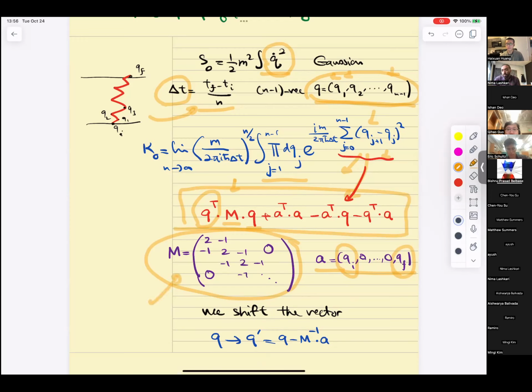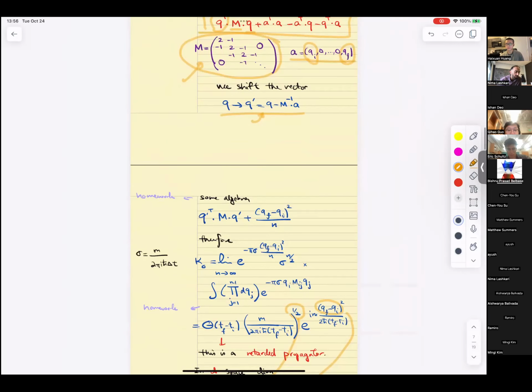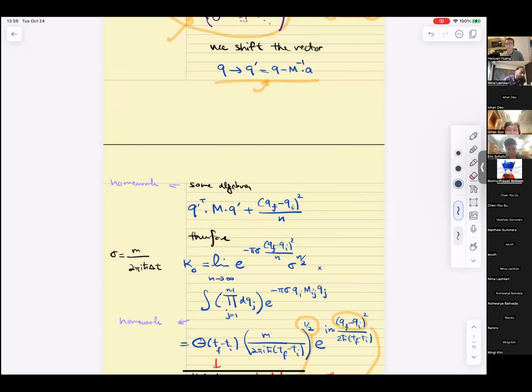Again, similar to the example of springs, what we have to do is find the normal modes. We do this by a change of variable that shifts the variable q to q prime. And now after some algebra that you're going to work out in the homework, your action is going to look like this: q prime transpose M q prime, and then this constant that comes out, which is only a function of qf and qi.